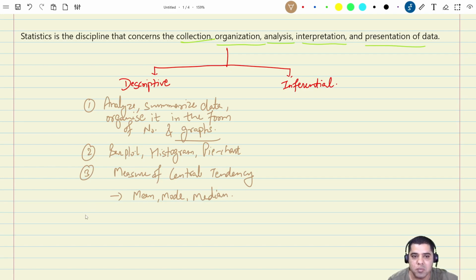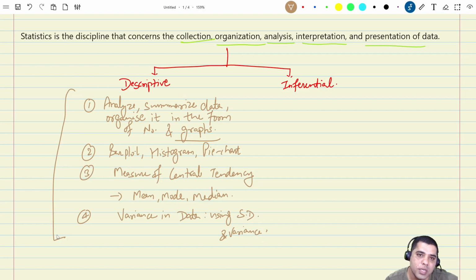Then we also check the variance in the data, and we check the spread of the data using standard deviation and variance. So these are the key steps which we do in descriptive statistics.